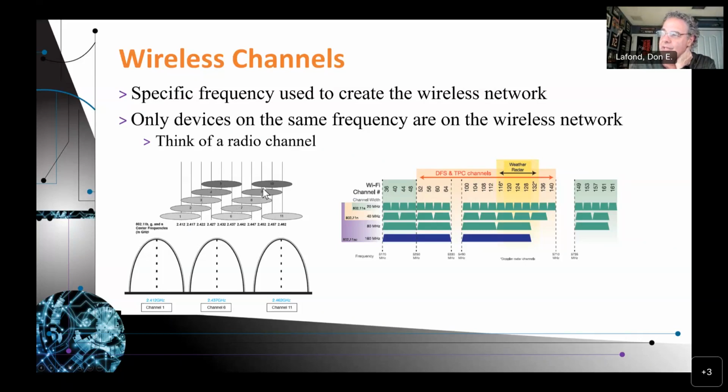So ultimately, if you want a clean signal from each network, you would devise a layout of your APs so that the signal does not overlap, and that gives you a clean signal.